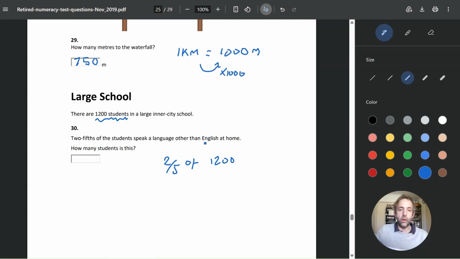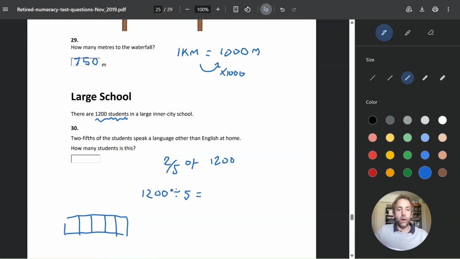So what you could do is you can just say, I need to do 1,200 divided by 5 to get what 1/5 is. And then when you find that answer, you then need to times it by 2 to find 2/5. If that's not particularly clear why, maybe just try and think of it as a rectangle broken into 5 sections. And I'll fill this in for you as we go along.